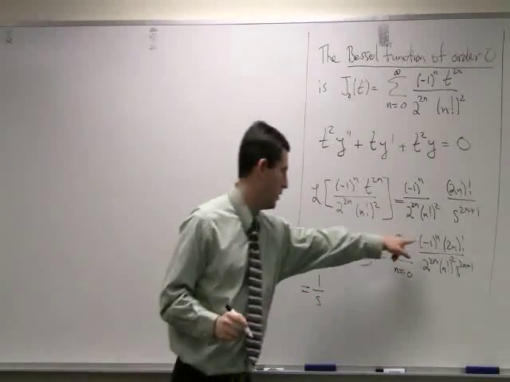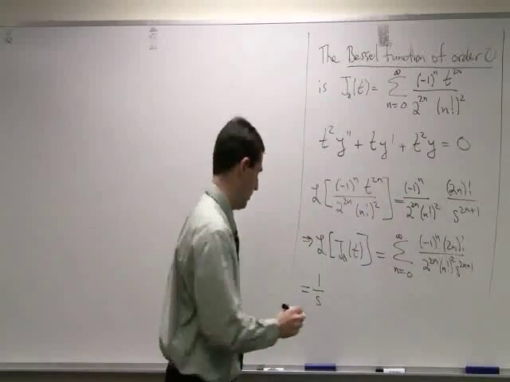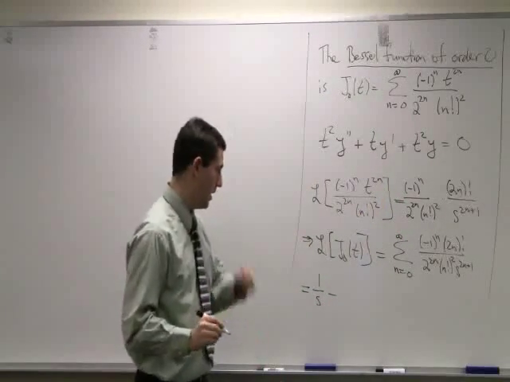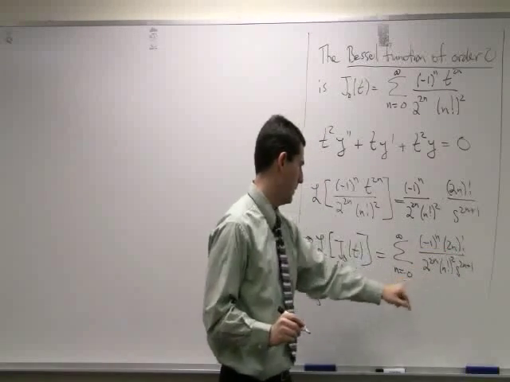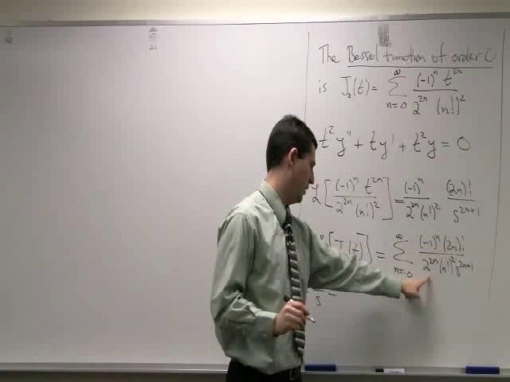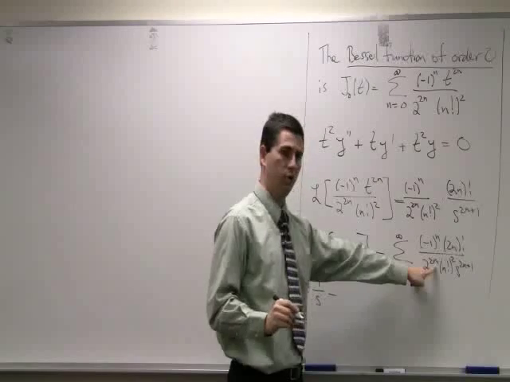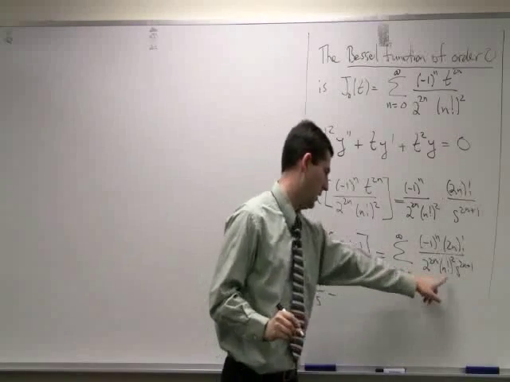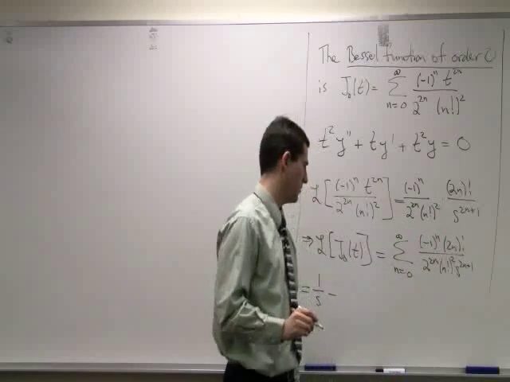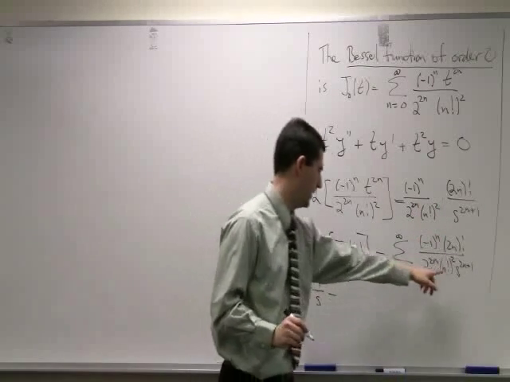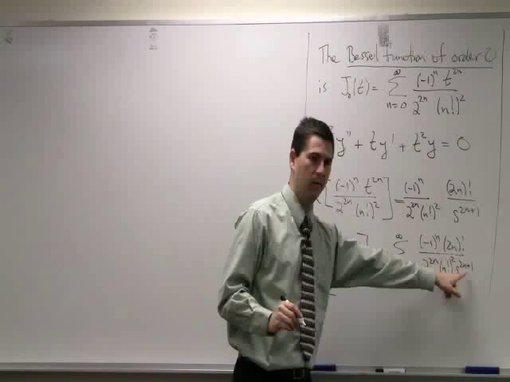The minus 1 to the n just tells you it's an alternating series, so we know we're going to get a minus next. When n is 1, we get 2 factorial, and then a 2 to the 2, and then that's 1 factorial squared. The 1 doesn't really show up much. And then this will become s cubed.